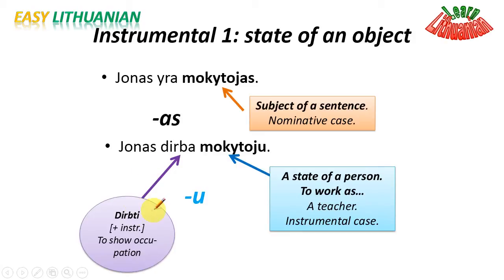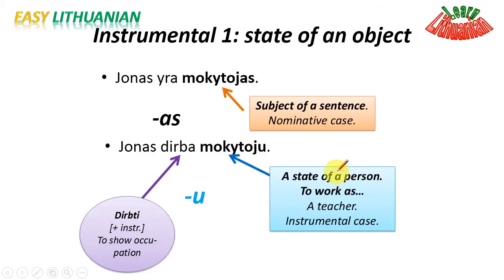We could also memorize that dirbti kuo requires instrumental case, to work as someone. To show occupation, we use the instrumental case, and we put the noun, the name of the occupation, in the instrumental case.